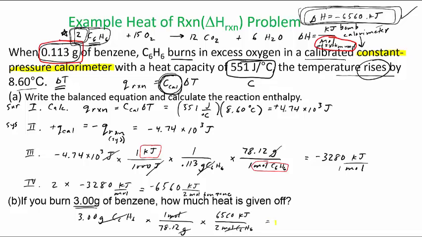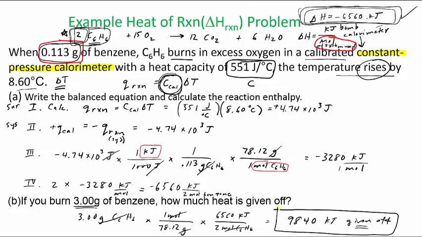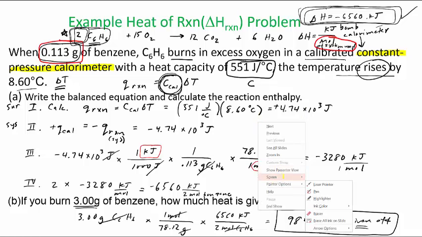So we get 9,840 kilojoules of heat given off. You might ask what happened to my negative. I just say heat given off, okay, and that kind of takes care of the negative sign so that we know that heat was given off in the reaction. Okay, that's the end of our tutorial.